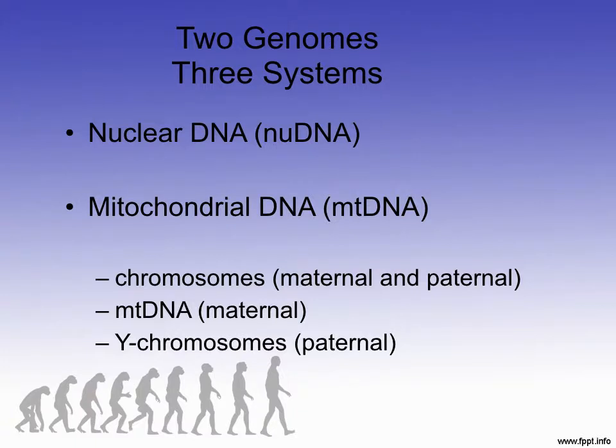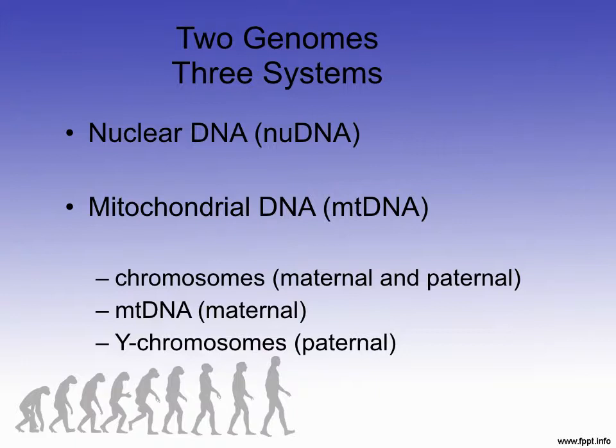We can look at nuclear DNA, and that gives us information about maternal and paternal lineages and contributions. We can look at mitochondrial DNA variation, which is going to tell us only about the maternal lineages. But we can also look at Y chromosome variation, which is going to tell us about paternal contribution.